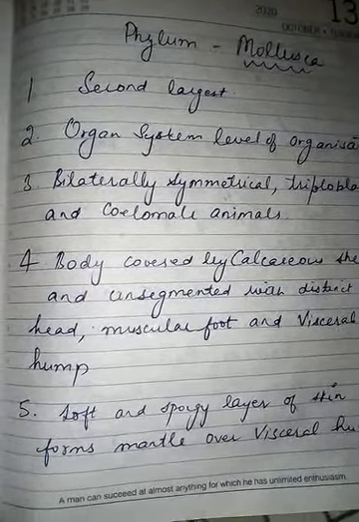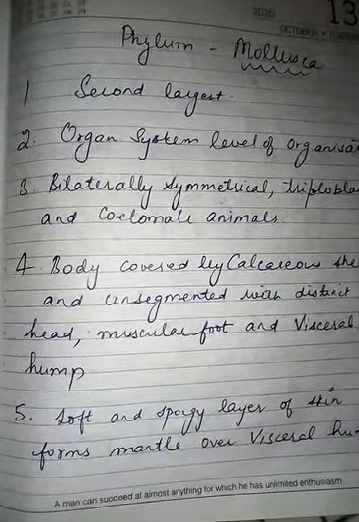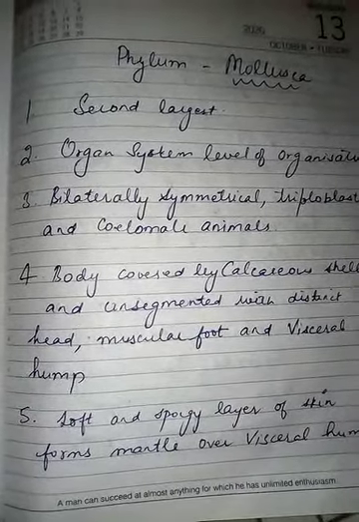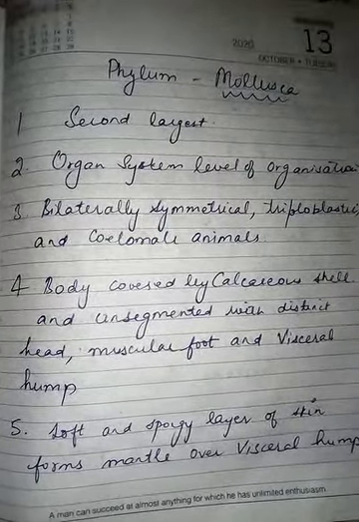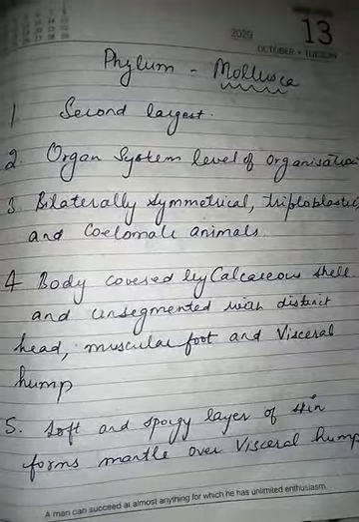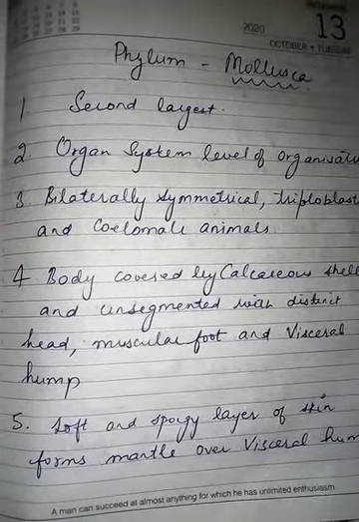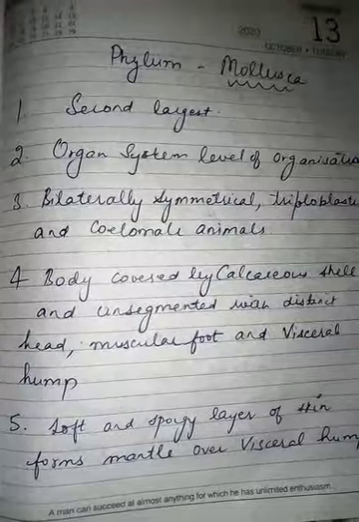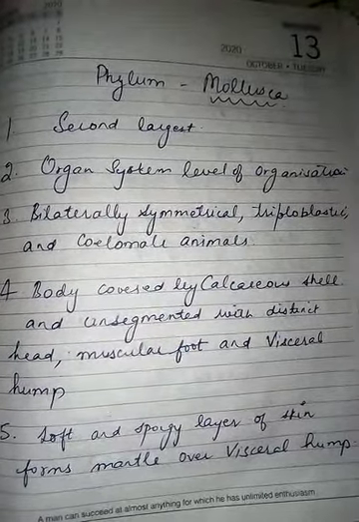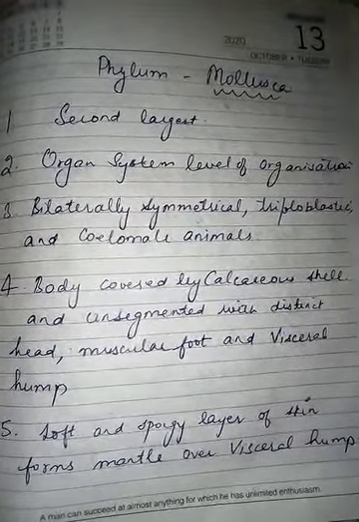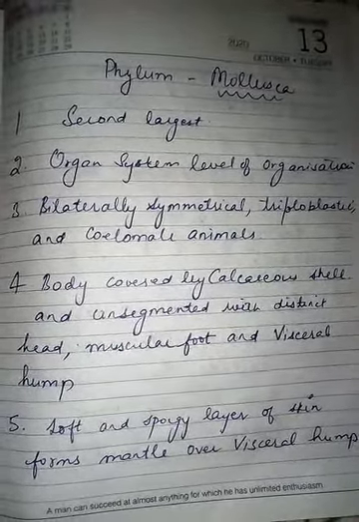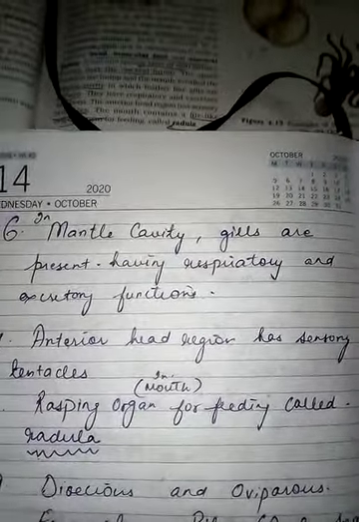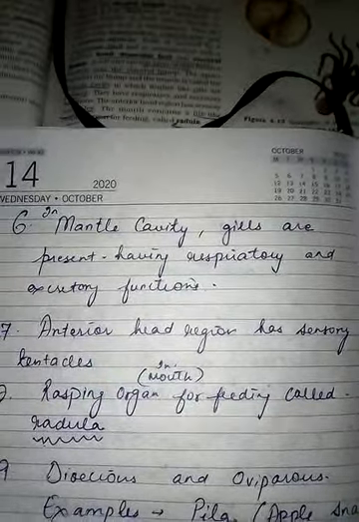A soft and spongy layer of skin forms the mantle over the visceral hump, and the space between the mantle and the visceral hump is called the mantle cavity. What is present in the mantle cavity?